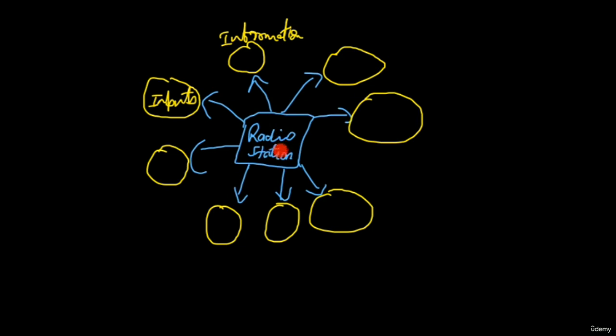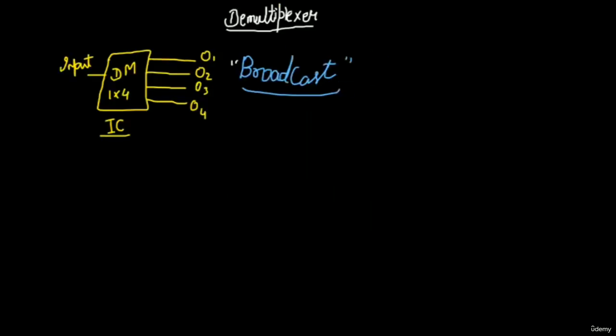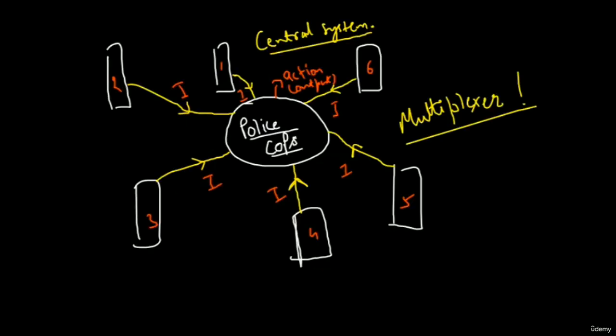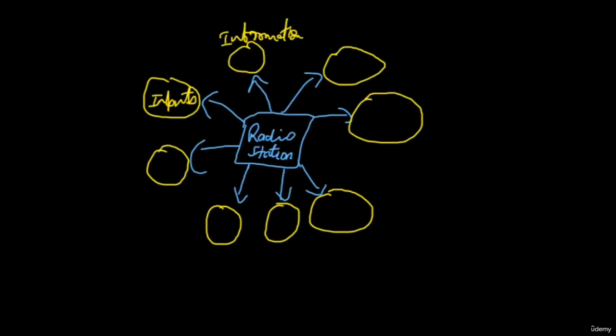So what is the difference? Well, I would like to take you back to the multiplexer, which we have studied. Here we were the central system receiving. So the word here is receiving information from all these places. But in the demultiplexer we are transmitting.